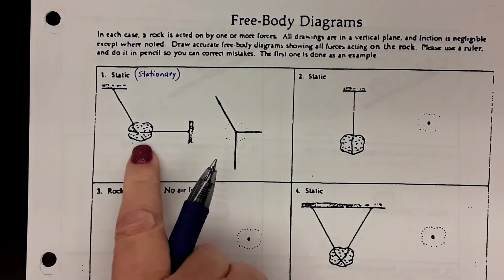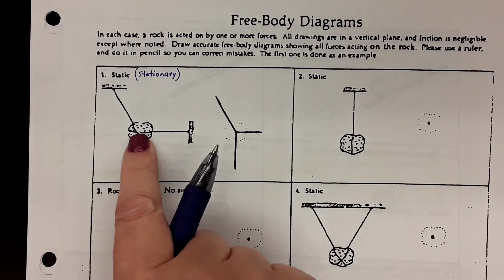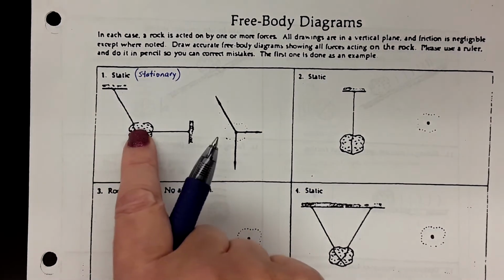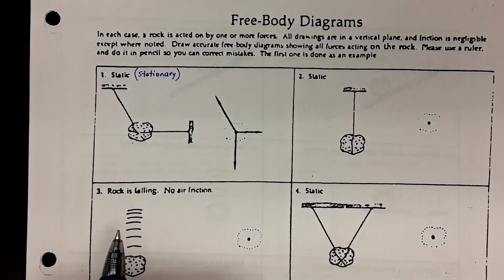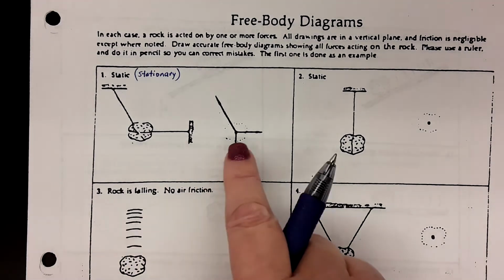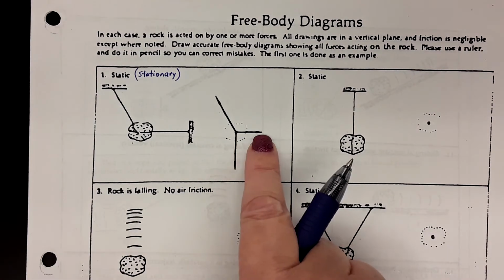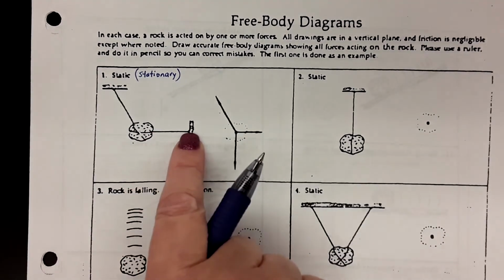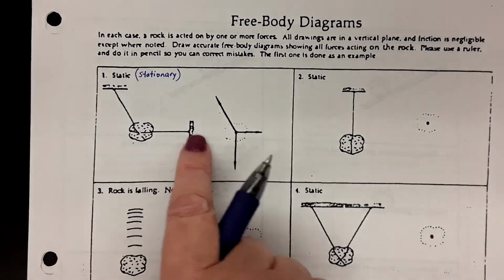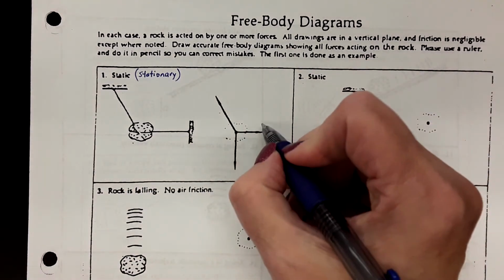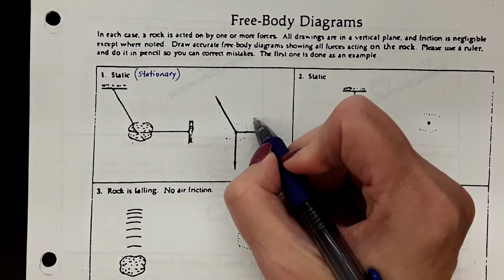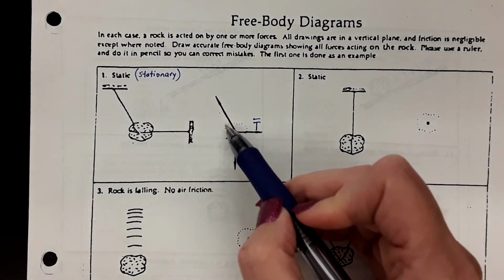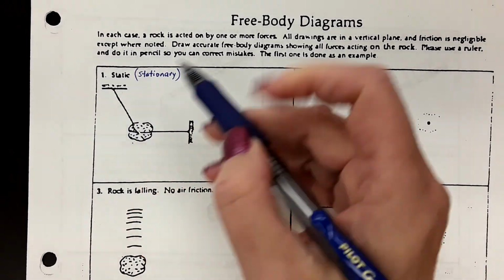So this rock is static at rest, and it's got a string pulling up this way and a string pulling sideways. So that's why it has one arrow pointing back along the string away from the rock right here. That is a tension. And the other one points back along its string right there.